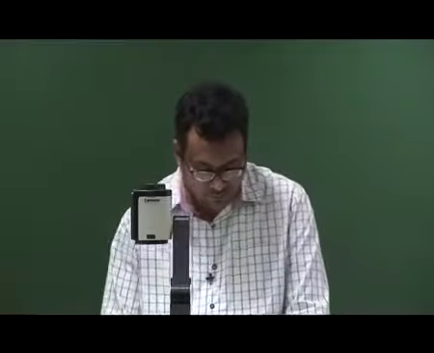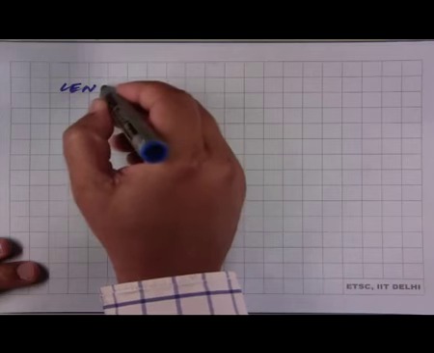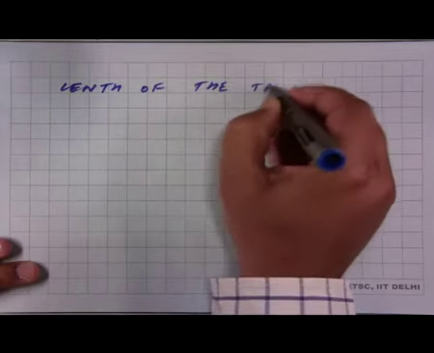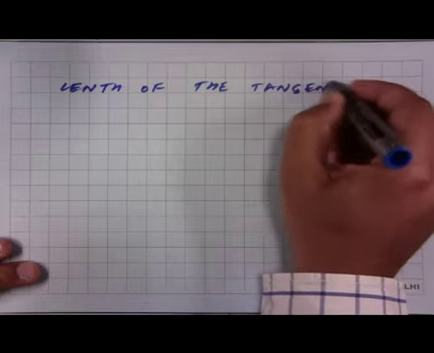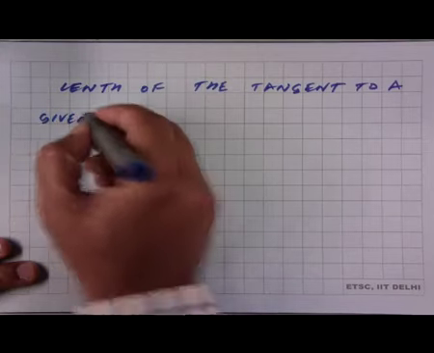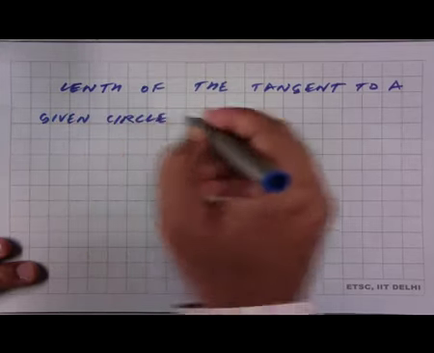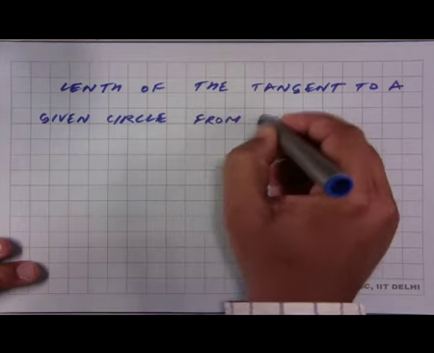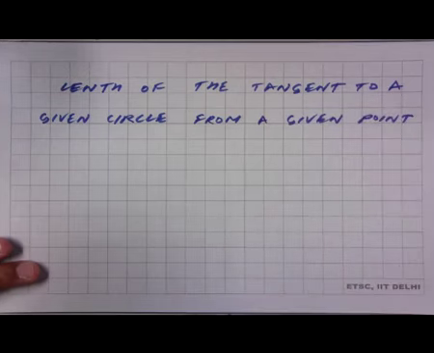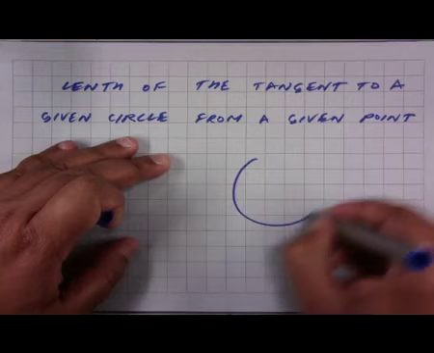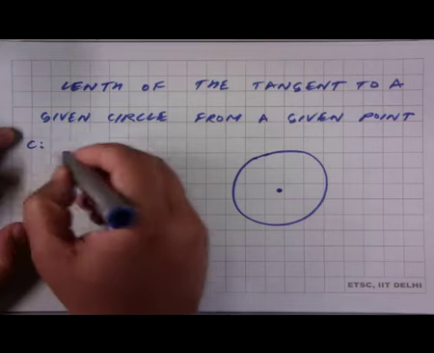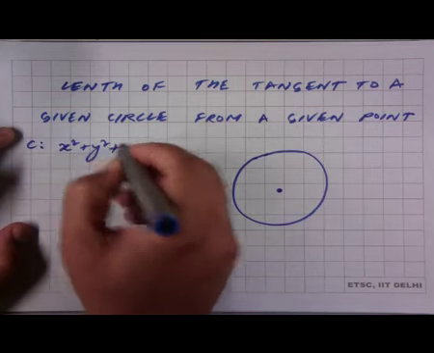Next, we derive the length of the tangent to a given circle from a given point. So, let us say we have a circle here whose equation is this.